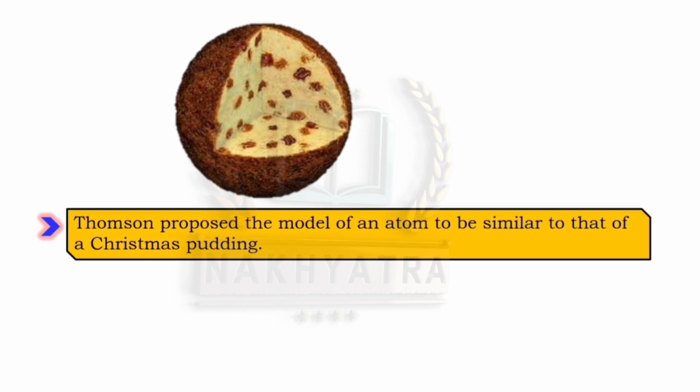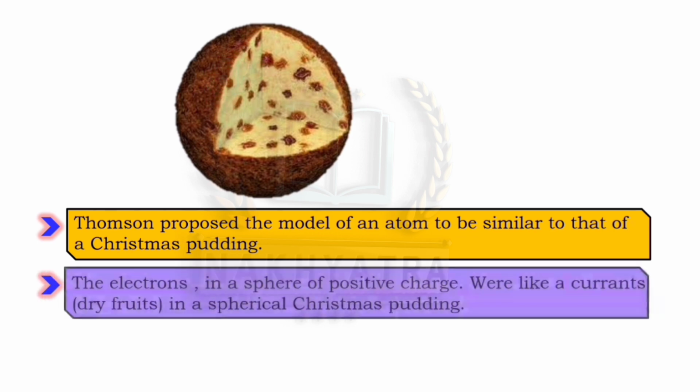Thomson proposed the model of an atom to be similar to that of a Christmas pudding. The electrons in a sphere of positive charge were like the currants, that means the dry fruits, in a spherical Christmas pudding.